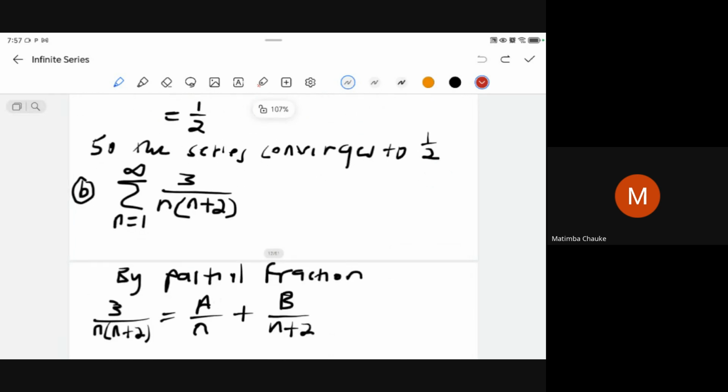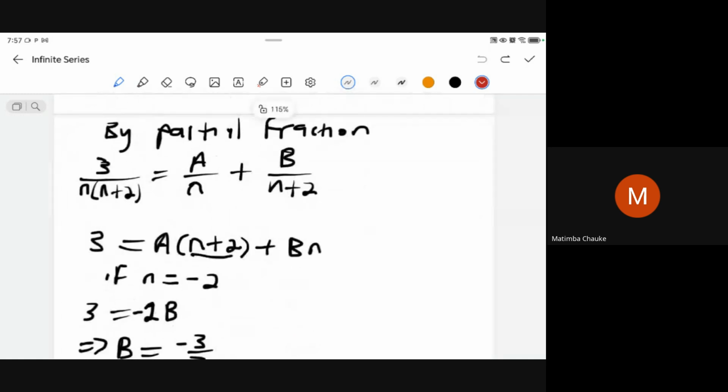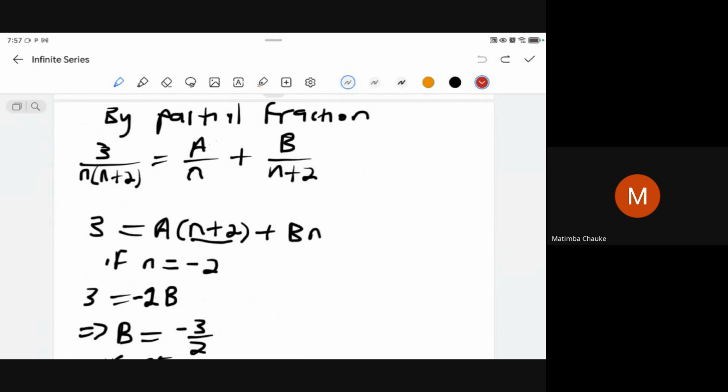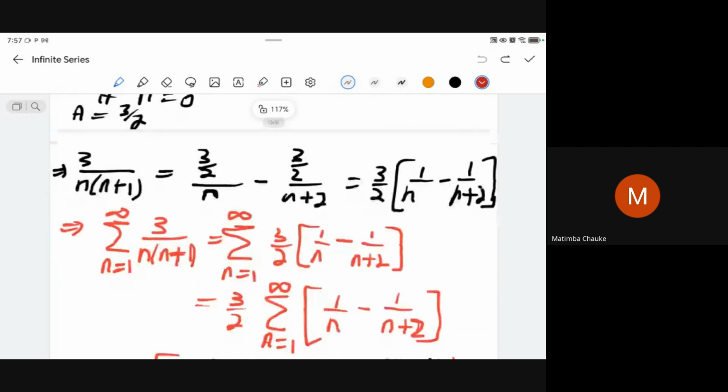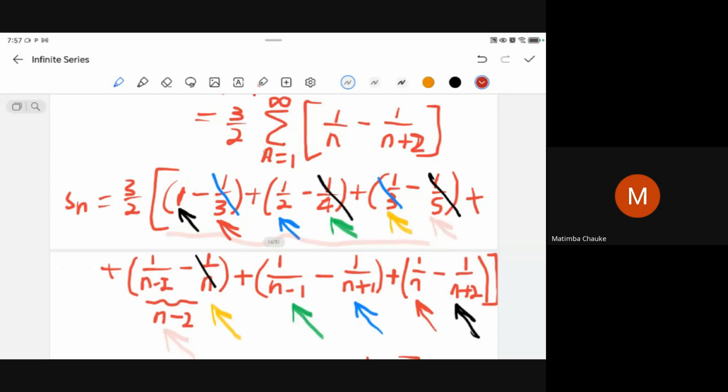So if you come to the second one, it's going to infinity, right? So it means that by partial fraction, I would use the n, this is fine. And when I expand, I would expand it using n, because it ends at infinity.